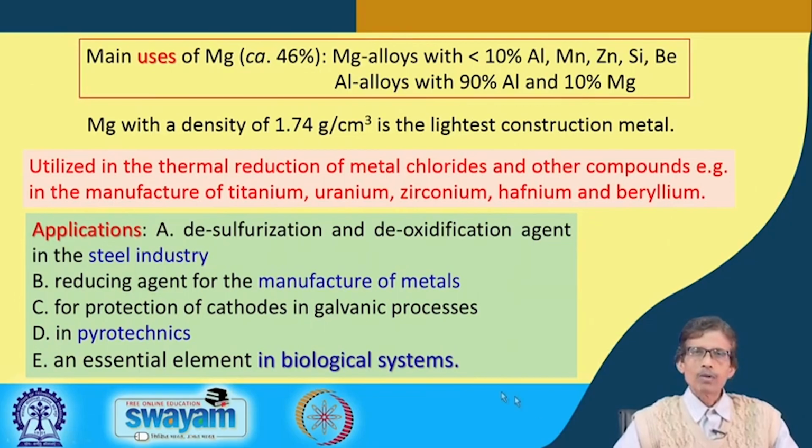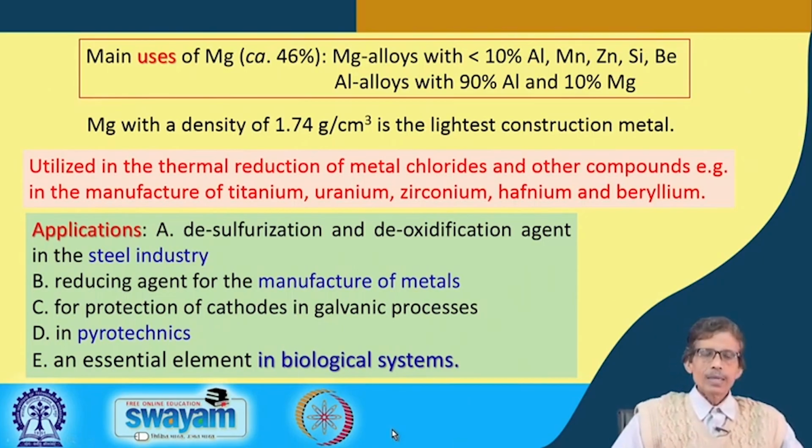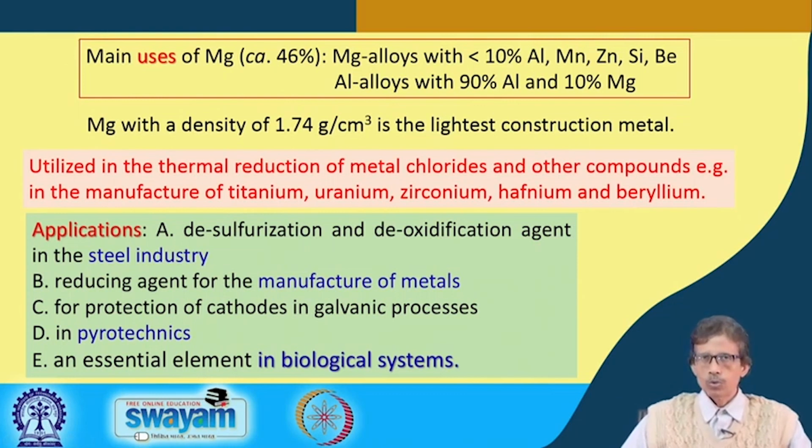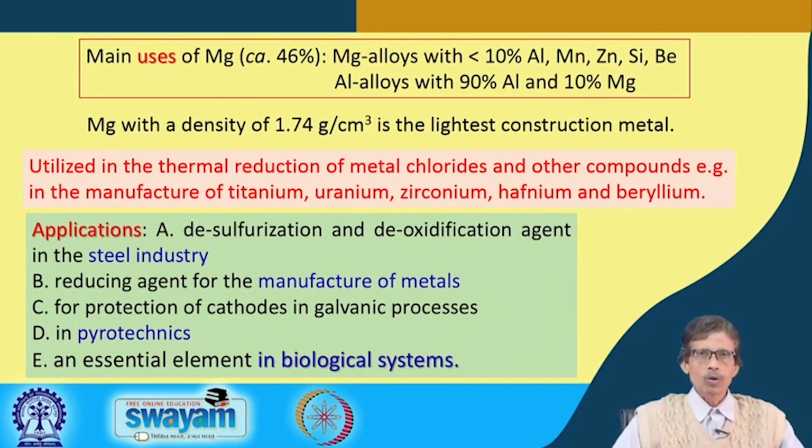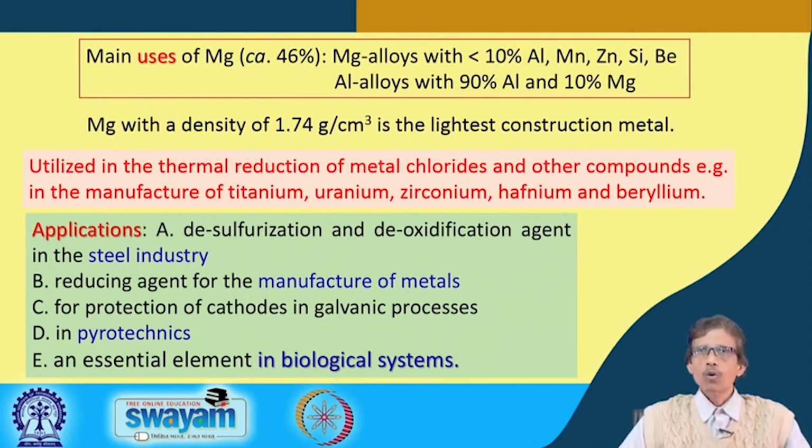Then for different pyrotechnic processes, that means thermally activated processes, we use magnesium. And lastly, the most important one, though we are talking about the industrial part and not the biological system, is the biological importance of magnesium. We all know that the divalent cation, magnesium 2 plus, is present in chlorophyll.